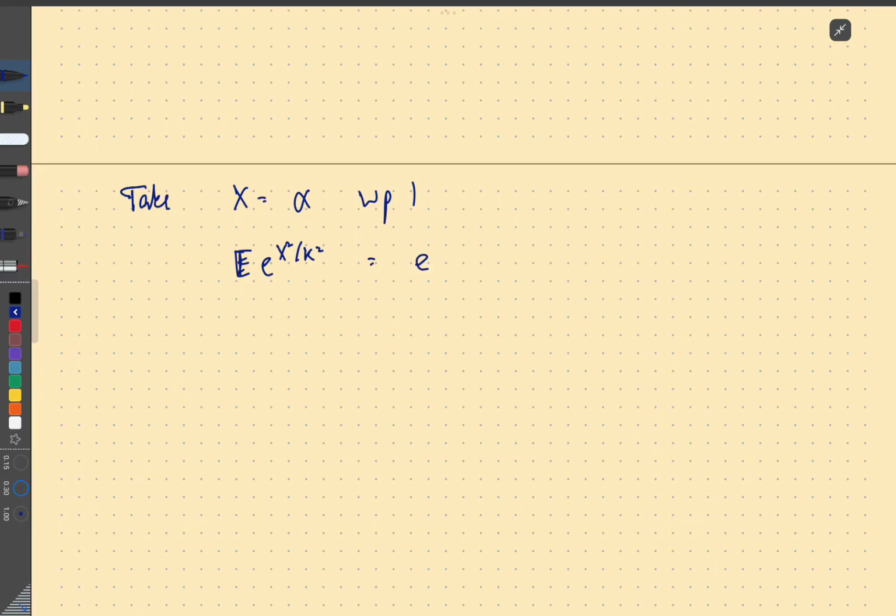This is just e to the power of alpha square by k square. Alright. So, what can you say about the Subgaussian norm of x?